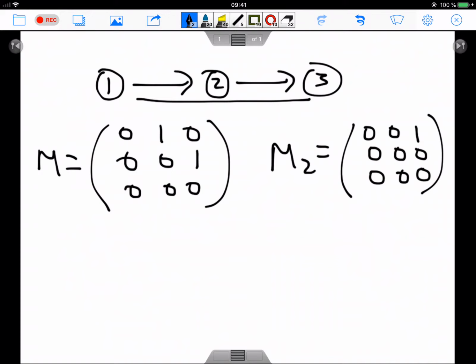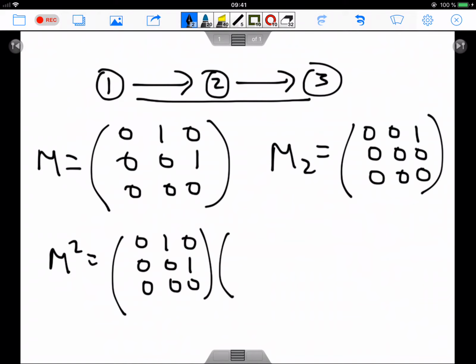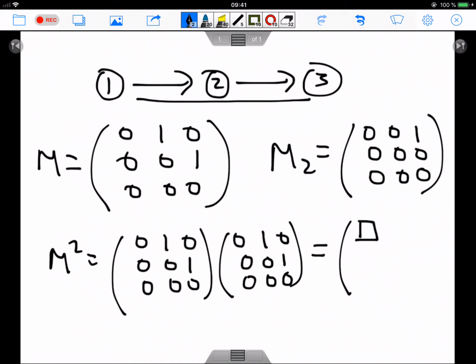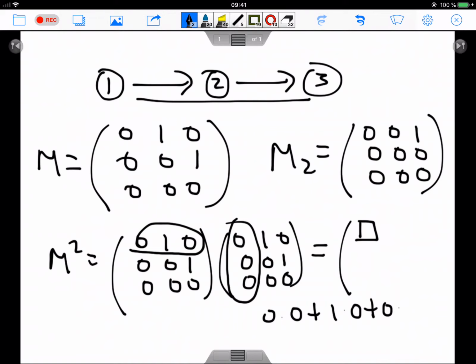Okay, so let's compute m squared. M squared is going to be this matrix multiplied by itself, and let's see what happens. Notice that for this element here, we need to multiply the first row with the first column of the second matrix. We compute 0 times 0 plus 1 times 0 plus 0 times 0.